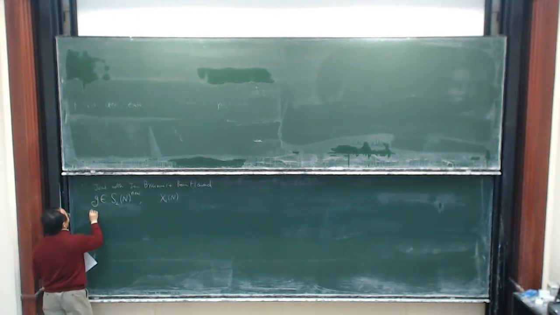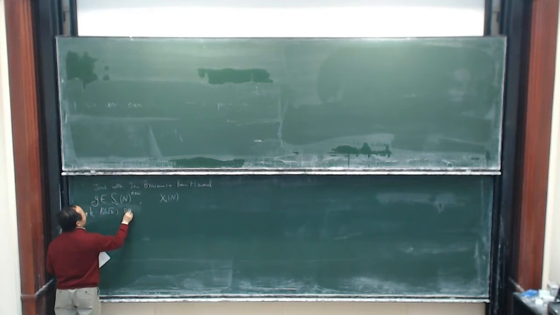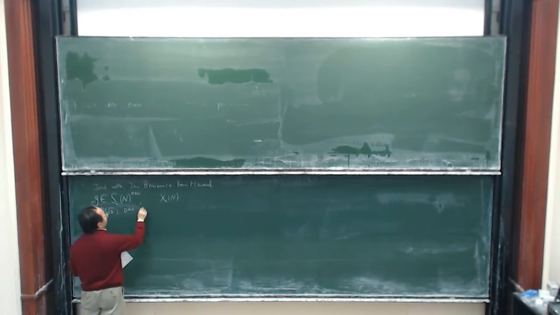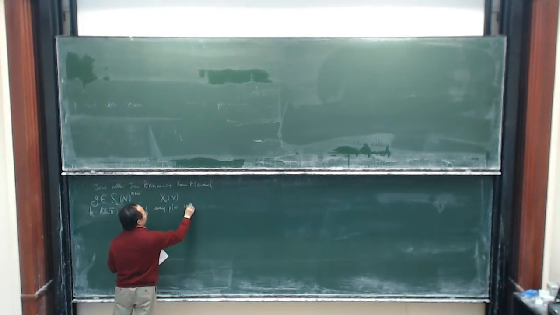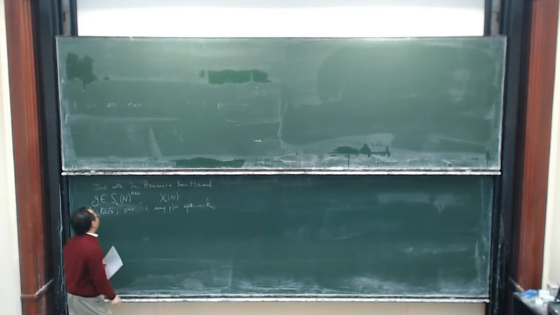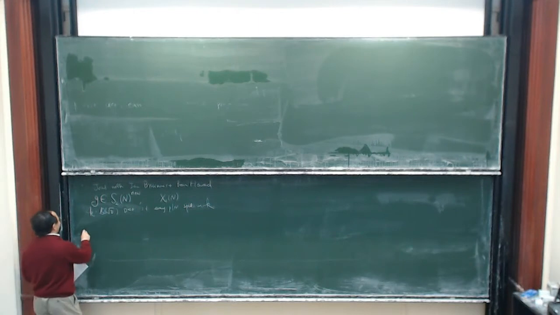Suppose you have an imaginary quadratic field, so the discriminant is less than 0, such that every p dividing N splits in K. Then you have some kind of geometric pairing.